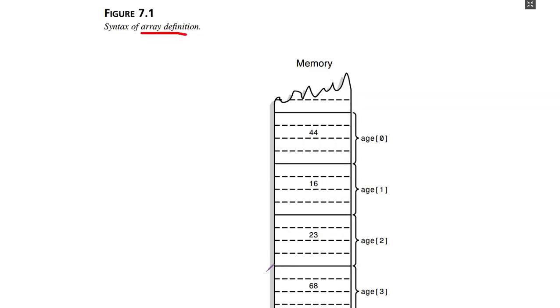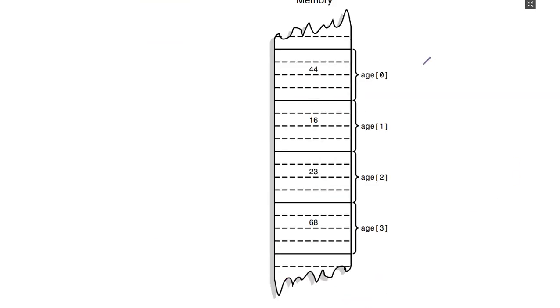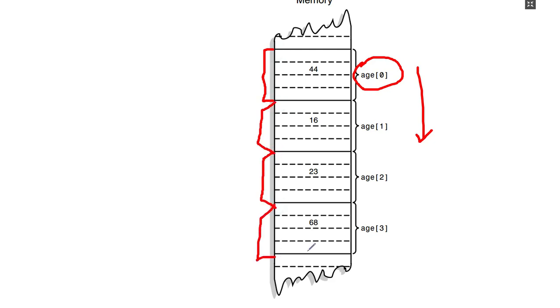Okay. And since the memory grows downward, this is the convention. So we can say that for the first location, if we say age 4, as I mentioned, we have 4 bytes of memory reserved for age 0, then another 4 bytes for age 1, another 4 bytes for age 2, another 4 bytes for age 3.